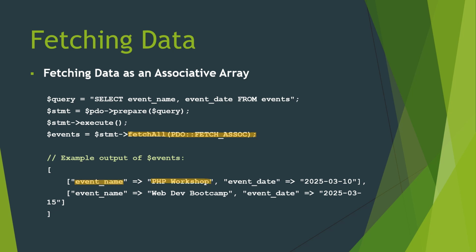This is the output of us calling the events. Each row from the database is stored as an associative array with the column names as the keys, and each of these is the value.